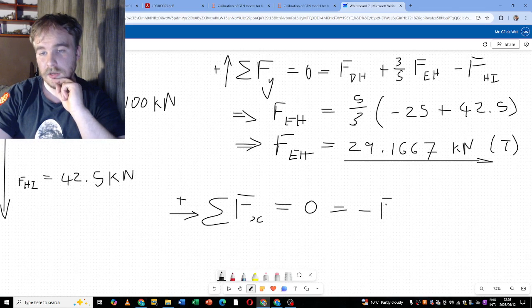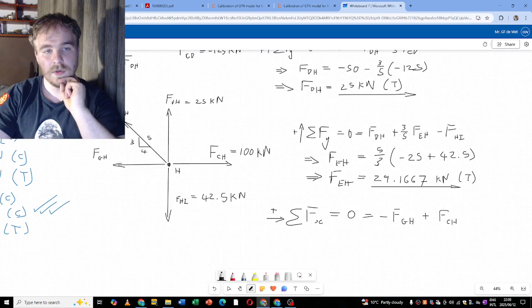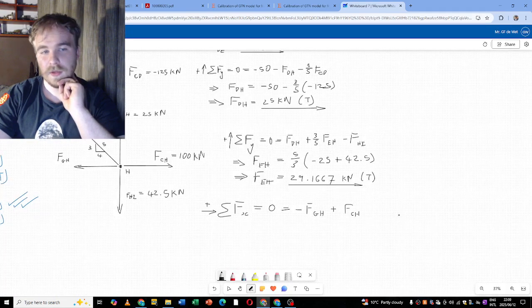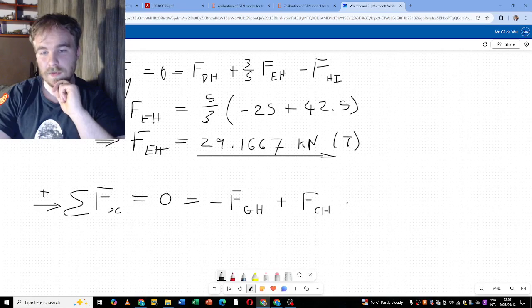So minus FGH, because it's pulling in the negative direction, plus FCH. Okay, we have those two, and then it's also FEH with a component, and it's pulling in the negative direction, so minus 4 over 5 FEH.